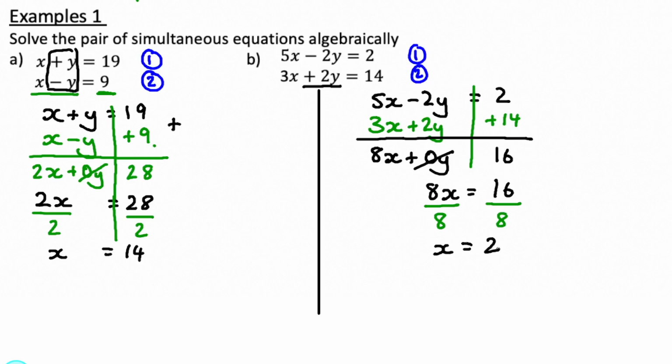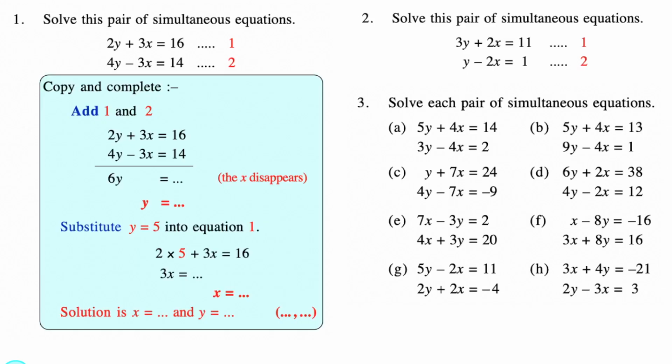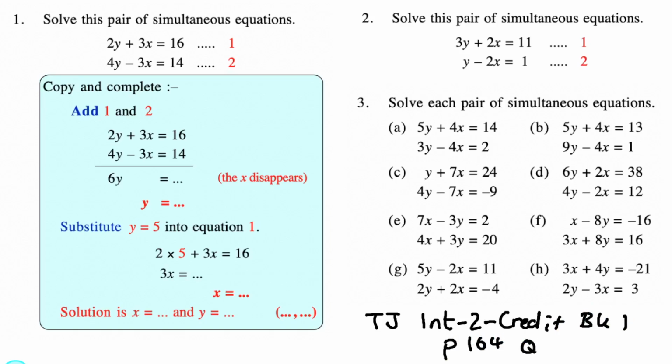If you have any problems, I'm sure the teacher will be perfectly happy to rewind the video and let you rewatch that. But what I want you to do now is go into your TJ Intercredit Book 1, go to page 164, and look at questions 1 to 3. I've put a copy of the questions on the board now, but you're looking in TJ Intercredit Book 1, page 164, questions 1 to 3.